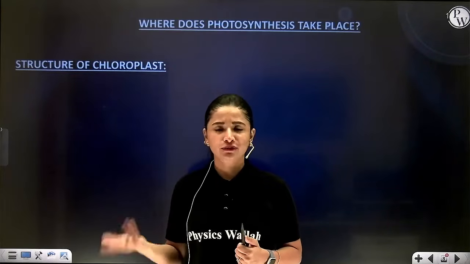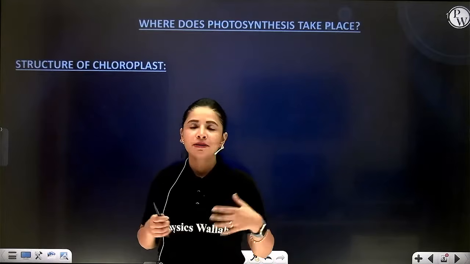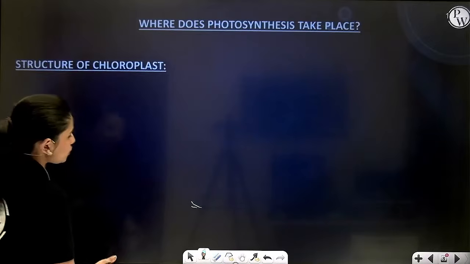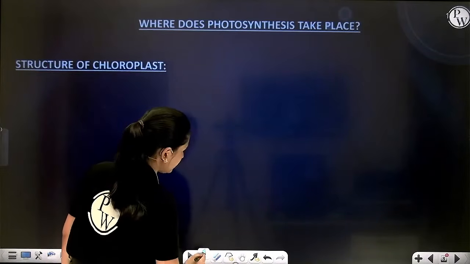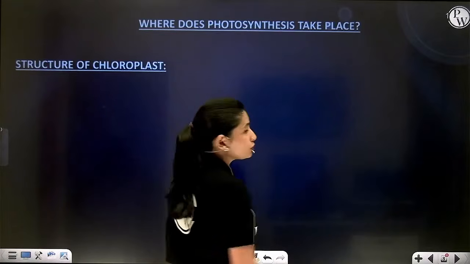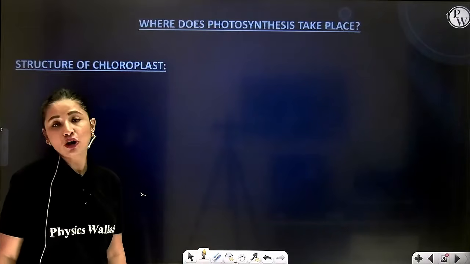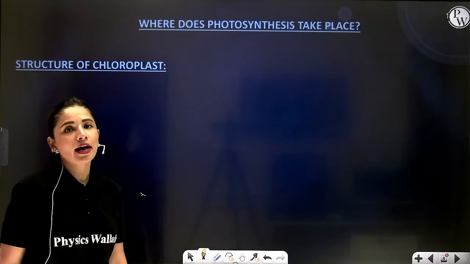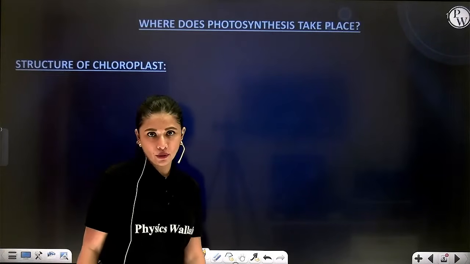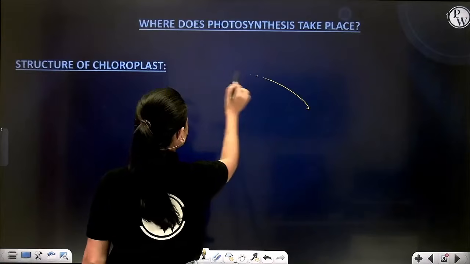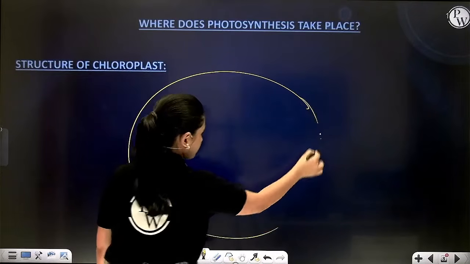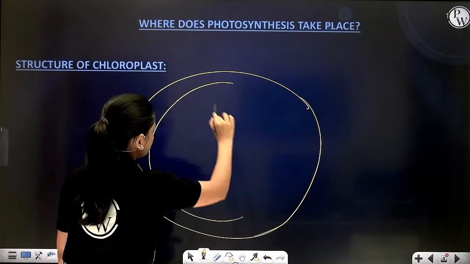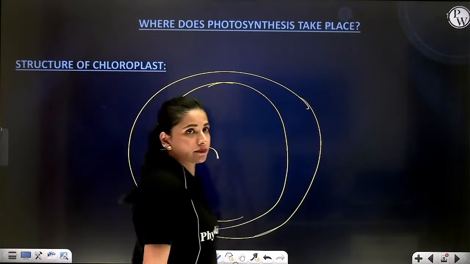Very easy, we have already done in the cell chapter, but let's try to revise it once again. So chloroplast, if I talk about, then chloroplast is a double membrane bound semi-autonomous cell organelle which is thought to be of prokaryotic in origin according to endosymbiotic theory. Yes or no? So this is my double membrane bound structure, right?